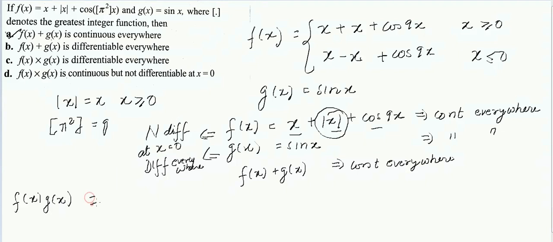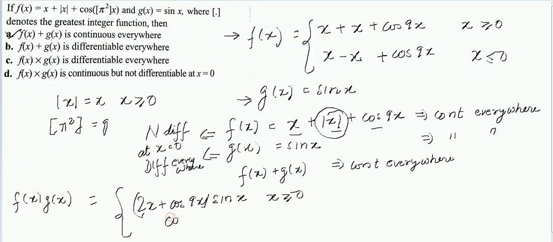So by using our definition right here and right here, we'll find the product of f of x into g of x. So as you can see here, the product will be 2x plus cos 9x into sin x when x is greater than equal to 0, and it will be cos 9x into sin x when x is less than equal to 0, right?